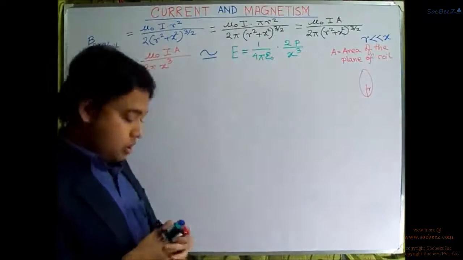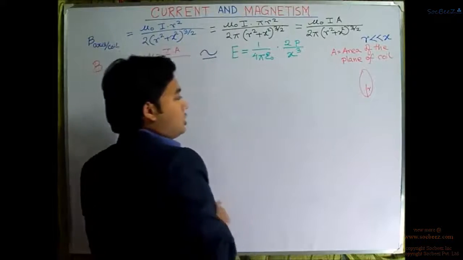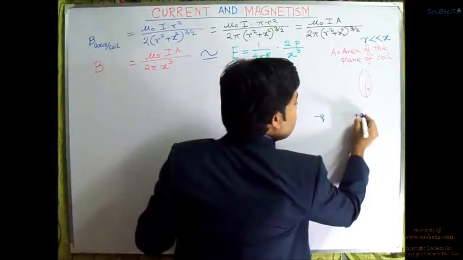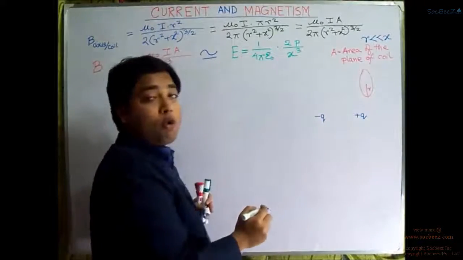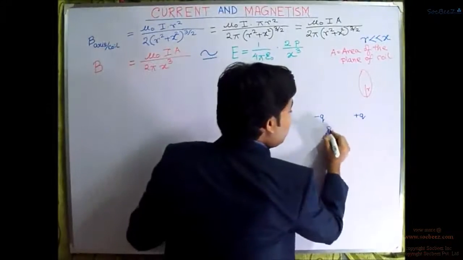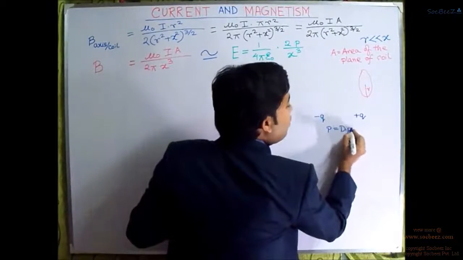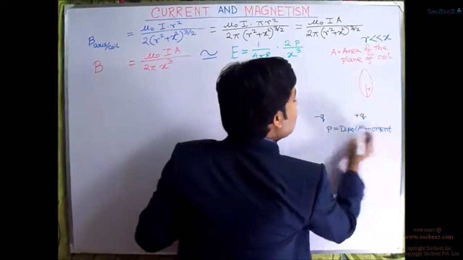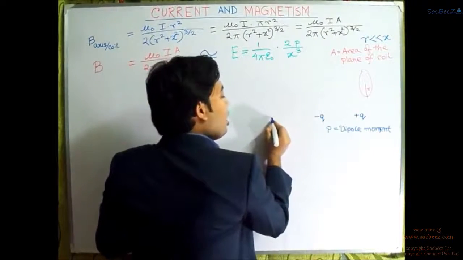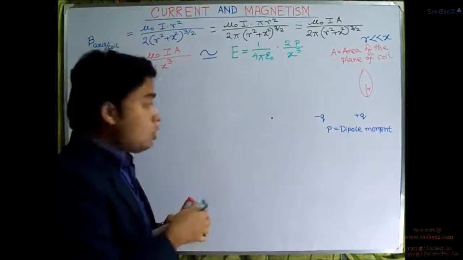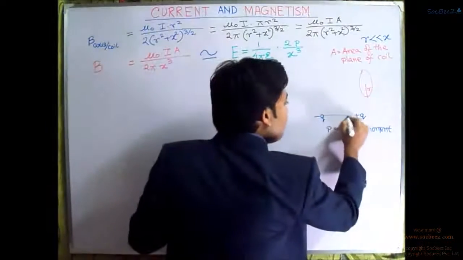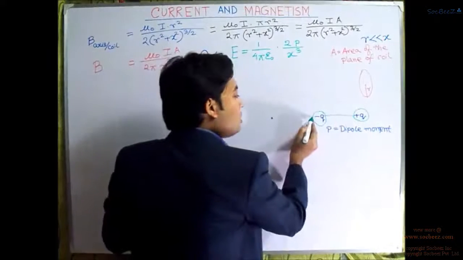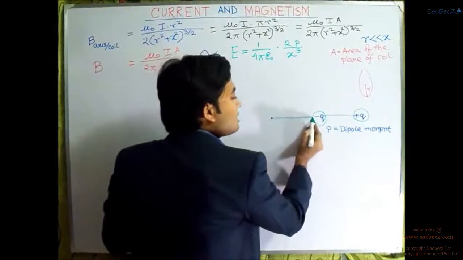Let us recapitulate E. There was a minus Q and a plus Q, and there was a dipole moment. The P over here represents the dipole moment, and there was a point on the axis, which means that these charges, minus Q and plus Q, were on the same straight line as this point.